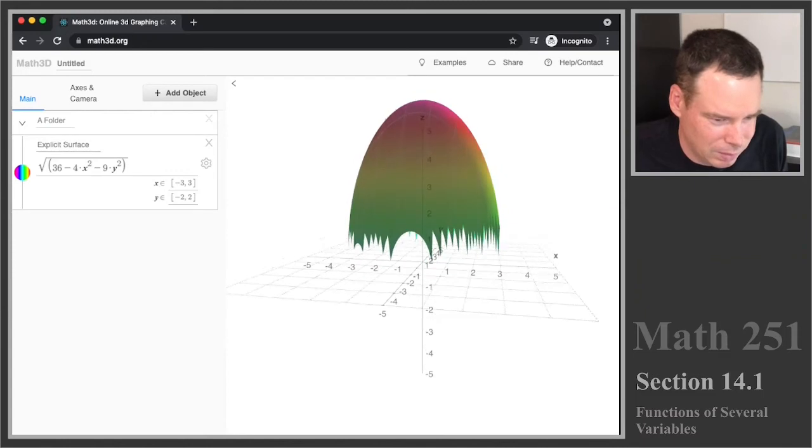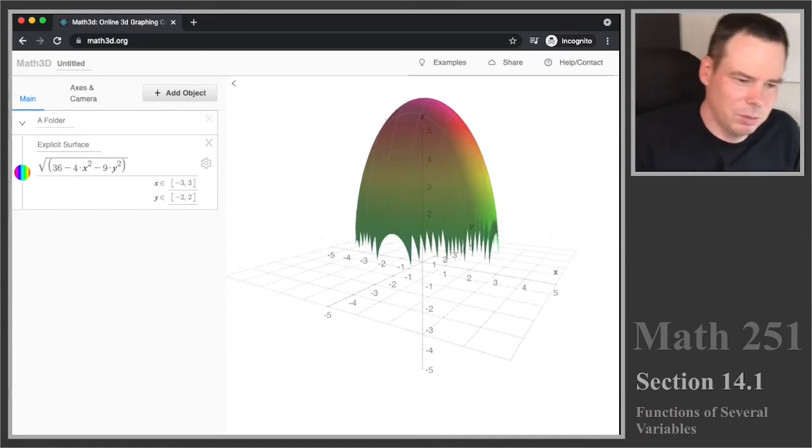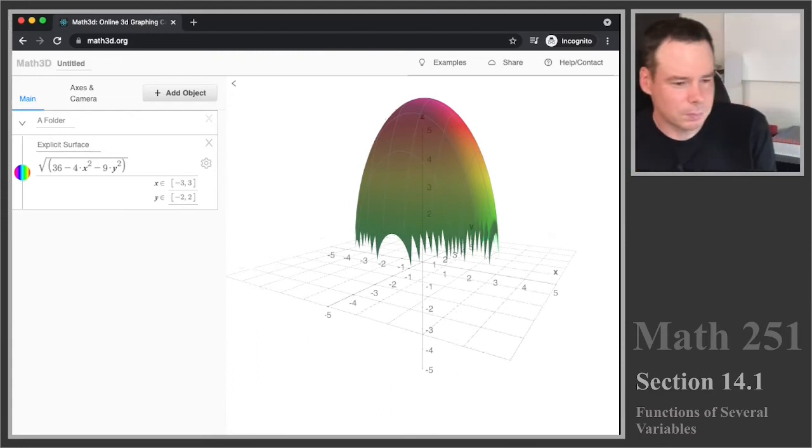But you might be thinking, I still don't like that jaggedness going on here. Why is it doing that? Well, what the graphing utility does is it tries to plot a bunch of points and then connect them up in a smooth way and get a reasonable approximation of what the graph should be.